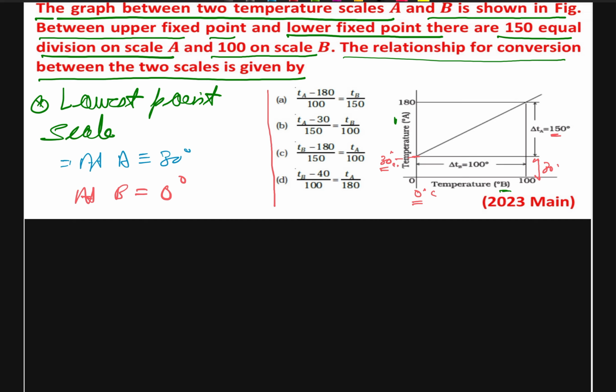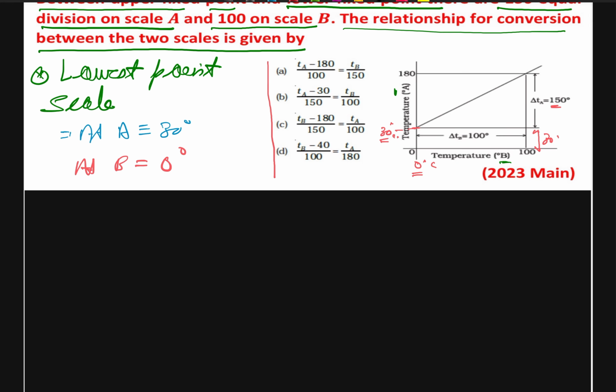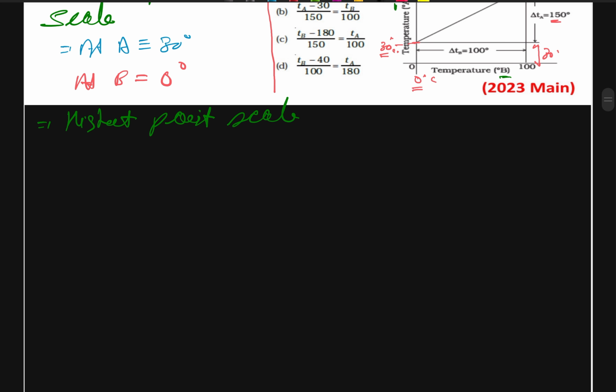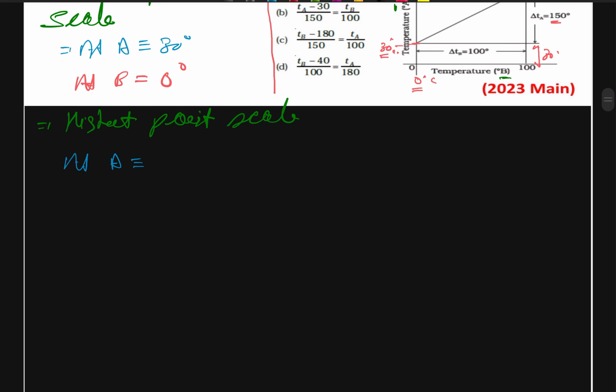Okay. And the highest point of the scale at A is 180, and at B is 100.